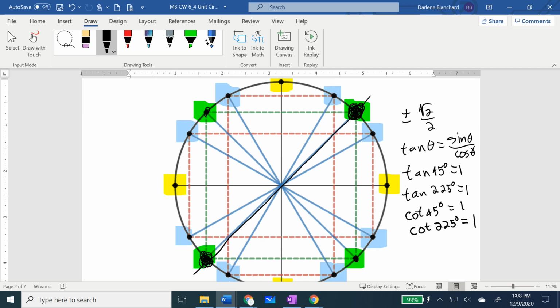It also helps with these two. Those are places where the tangent and cotangent are both what number? So here I am 90 plus 45, 135.